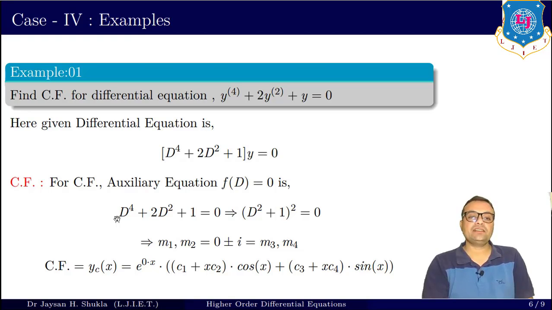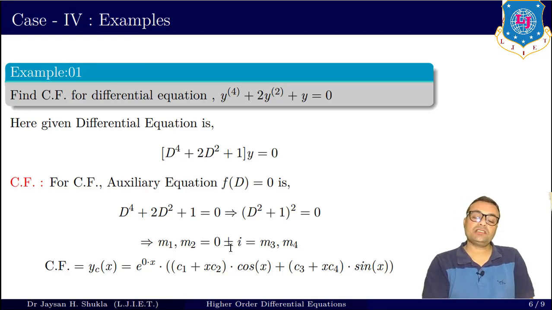If I take D raised to 4 plus 2D square plus 1 equals 0, it simply gives me D square plus 1 whole square equal to 0, which means 0 plus or minus i is appearing 4 times. So it's m1, m2 as 0 plus or minus i, m3, m4 as 0 plus or minus i.